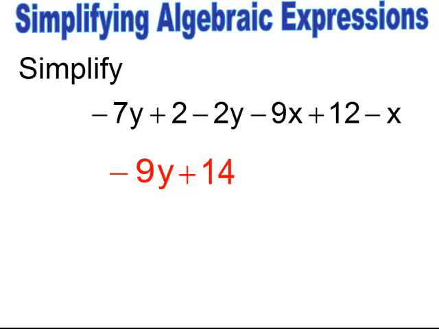And then a negative 9x minus x will be a negative 10x. So this is the combined like terms.